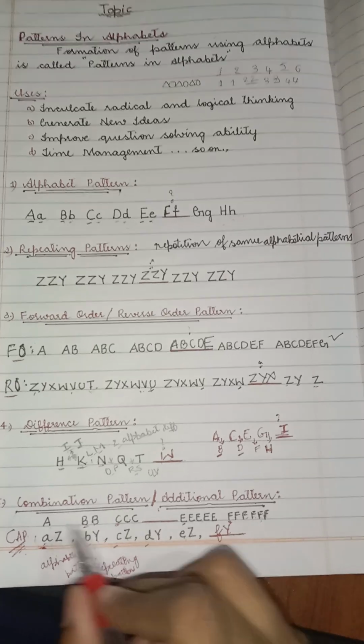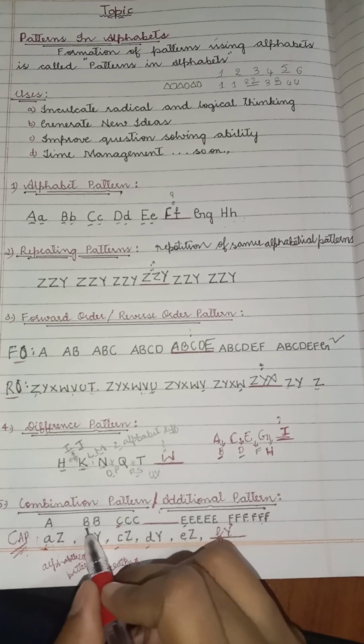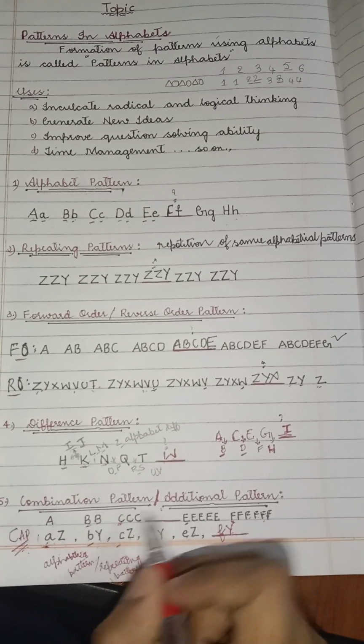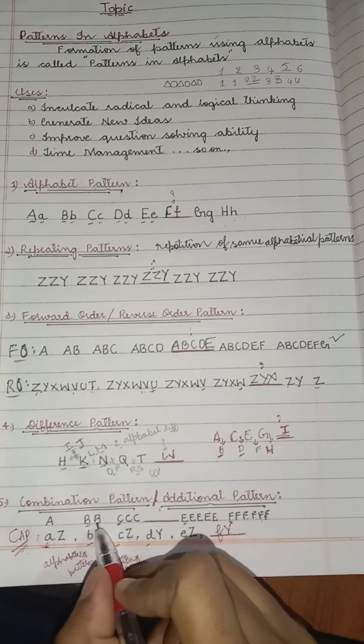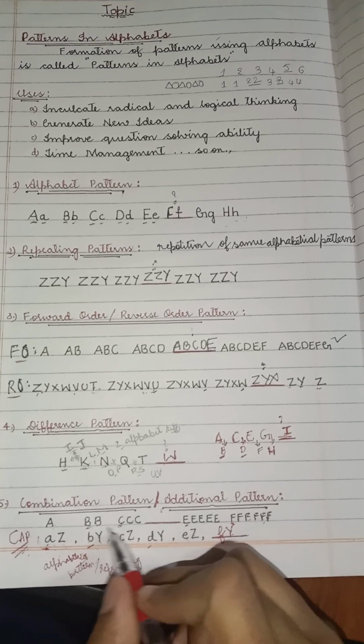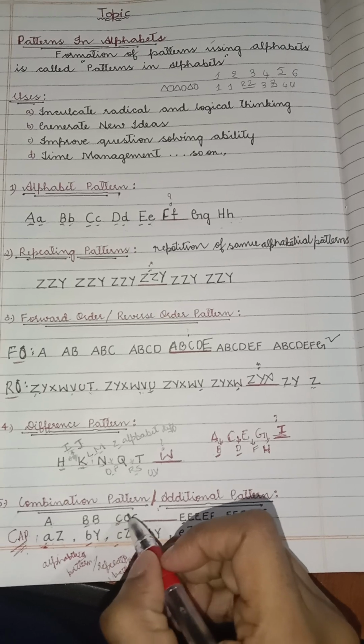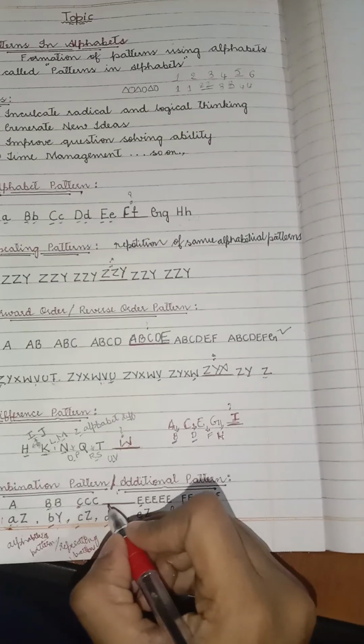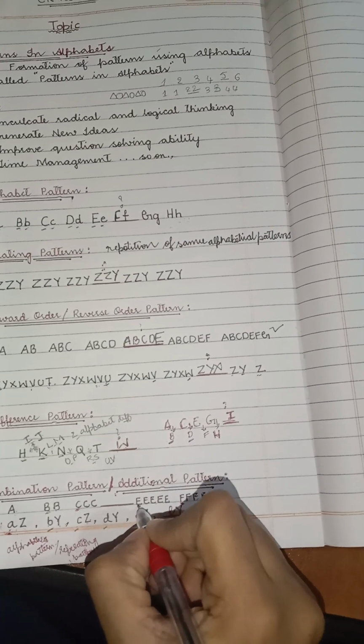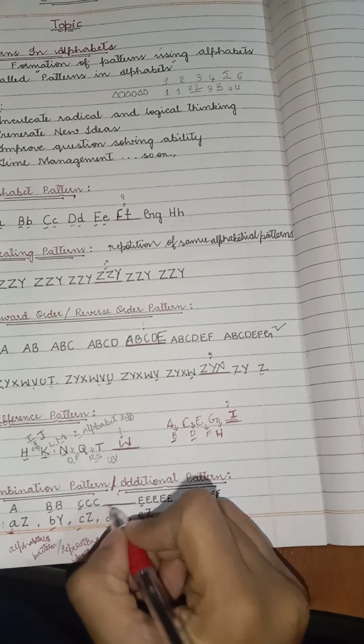So what may be the answer? After A we will get B, so they have added the additional pattern alphabet B again. After B we will get C, and they have added 2 C's. But after C they have given E, so what is the blank answer?